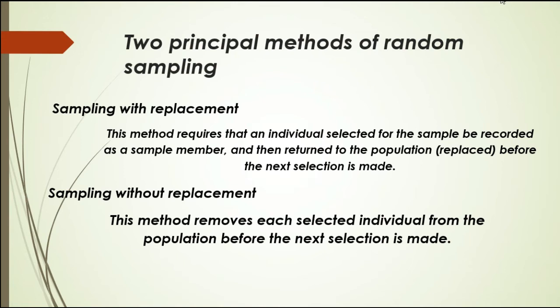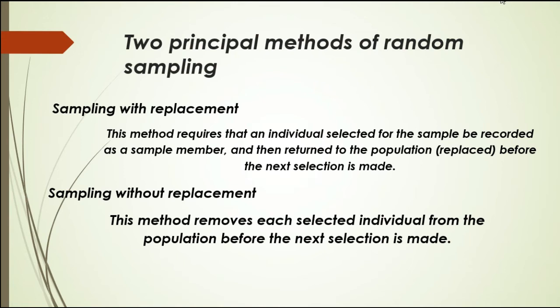Isa dito ay sampling with replacement and sampling without replacement. Dito sa sampling with replacement, this method requires that an individual selected for the sample be recorded as a sample member and then returned to the population or replaced before the next selection is made. If we select from a population of 100 individuals, the probability of selecting any particular individual is 1 over 100.